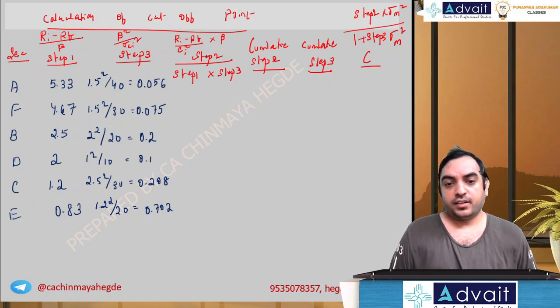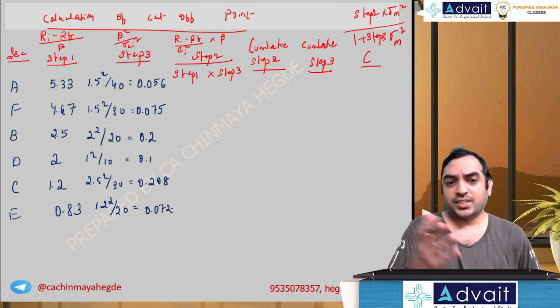So 0.056, 0.075, 0.2, 0.1, 0.208, 0.072.